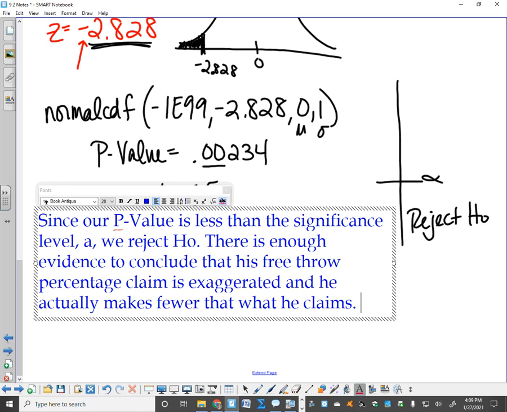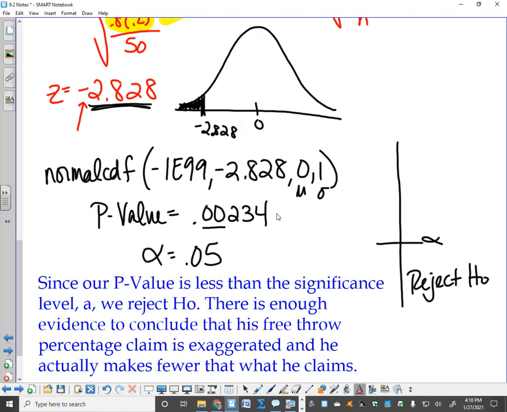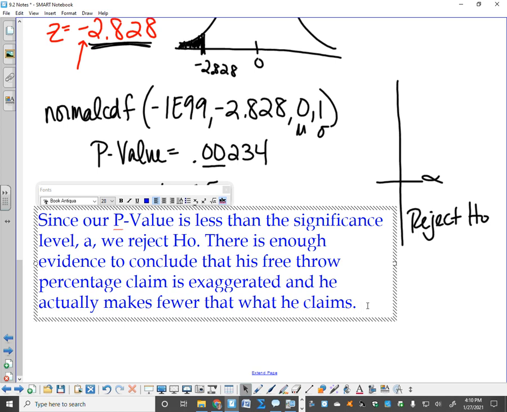Now, you could have simplified that and said, there is enough evidence to conclude that he makes less than 80% of his free throws. That would have been totally fine. And that's more succinct to what H sub A is saying. H sub A says he makes less than right here. He makes less than 80% of his free throws. All right, so that's your second sentence.